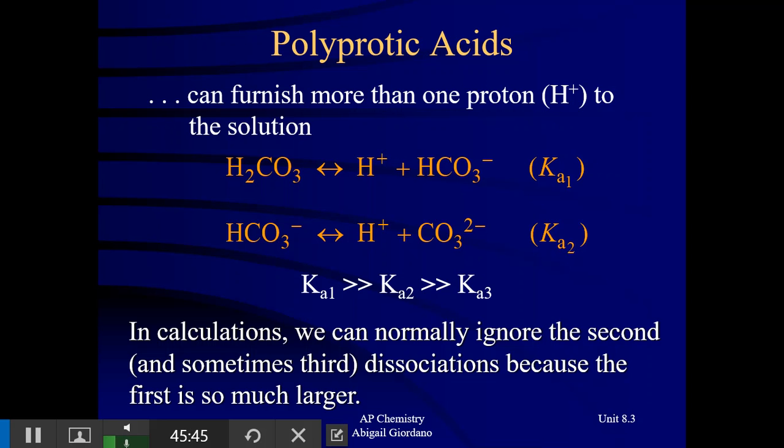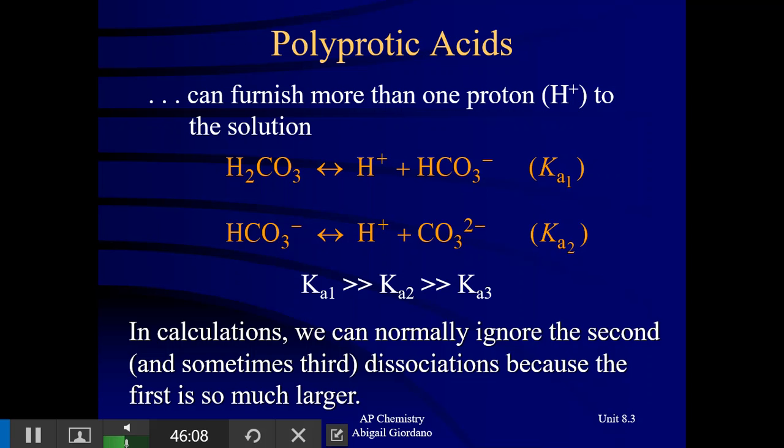When you are calculating a pH or a percent dissociation for a polyprotic acid, you can mathematically ignore the second, and any third dissociation, because the first dissociation is going to be so much more dominant than the other ones.